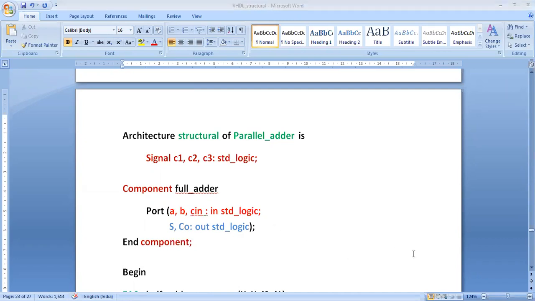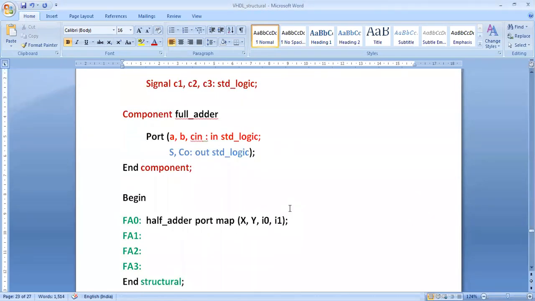Okay, so now what we have to do, the next step, after declaring the component and the intermediate signals, we have to go for the component instantiation. What is a component instantiation? A component instantiation maps the real signals to the component signals. The real signals get mapped with the component signals.